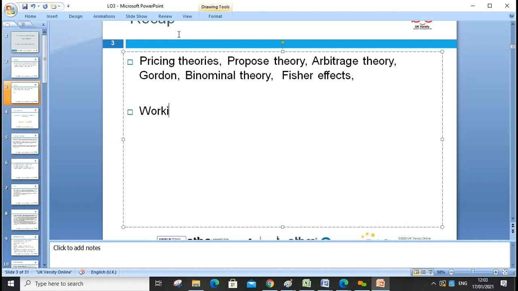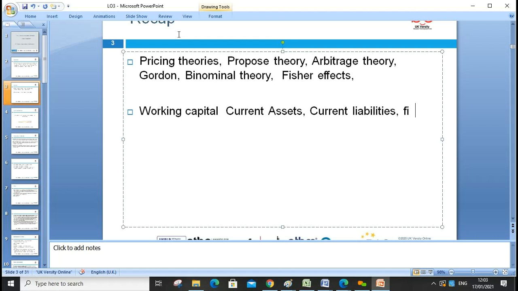In lesson 2, we discussed working capital. Working capital means the running capital, and working capital is the current assets. We discussed current liabilities.